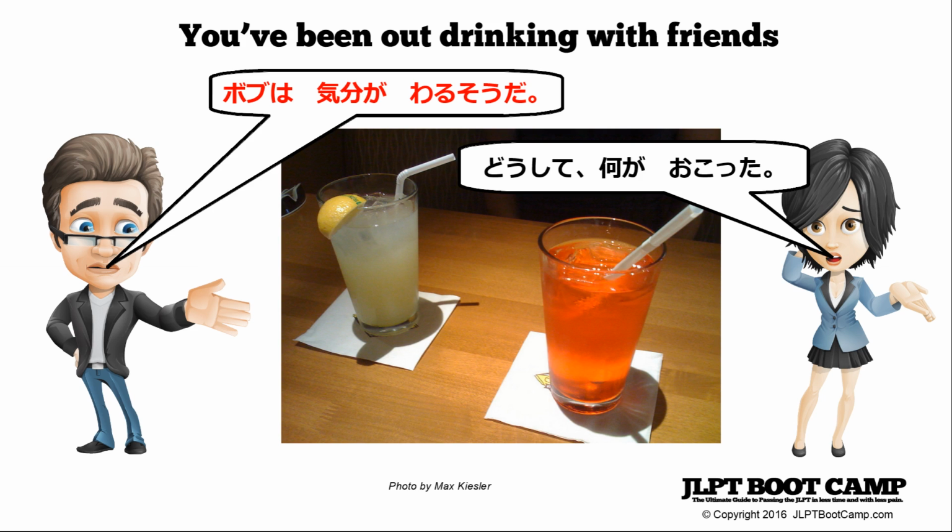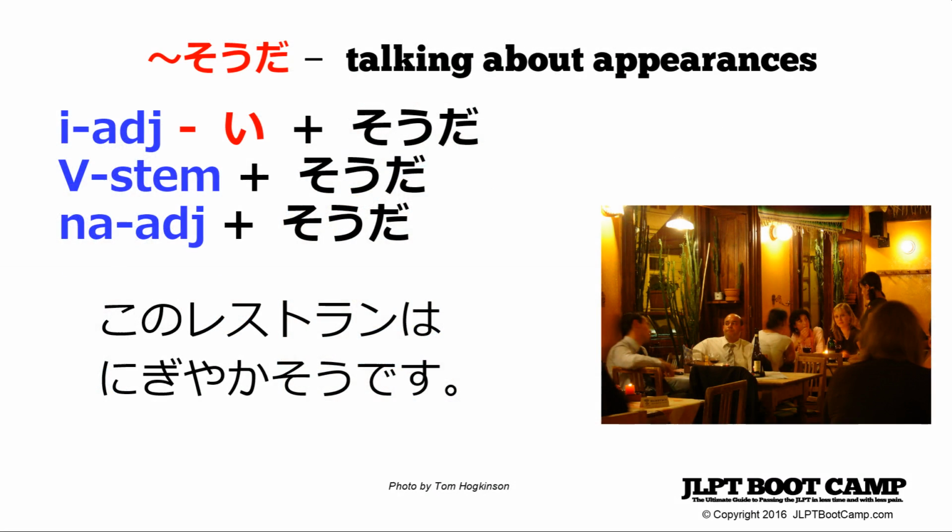And your friend responds, "Doshite?" Why? Nani ga is "something," and okotta is "happened." So, why did something happen? And you used the structure souda. This is a little bit different because now we're using it with verb stems and e-adjective stems to talk about appearances.